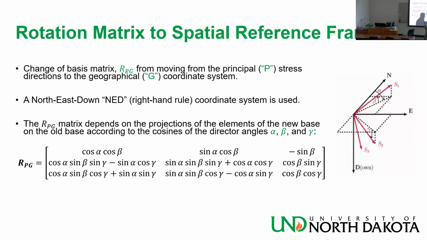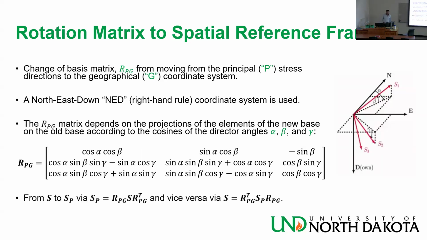Then you shifted your system a little bit, you created non-zero angles, and you have to use these angles to create your RPG, which you will use in this manner to go from S, which is the geographical system, to principal system SP, or SP to go to S.